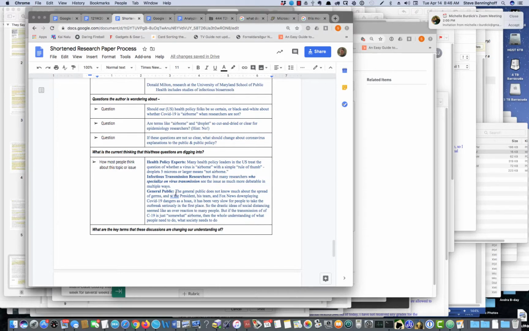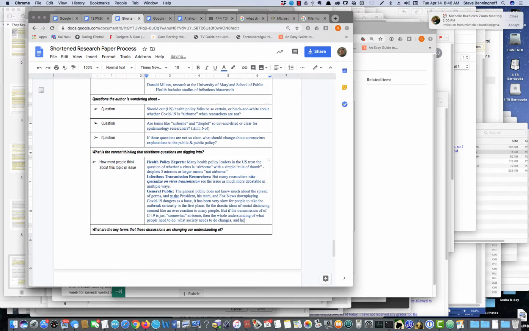And then the general public does not know much about the spread of germs, and with different things playing COVID-19 dangers as a hoax, it's been very slow for people to take this seriously, and so drastic ideas of social distancing seemed like an overreaction to people. But if the transmission of COVID-19 is just somewhat airborne, then the whole understanding of what people need to do, what society needs to do, changes.